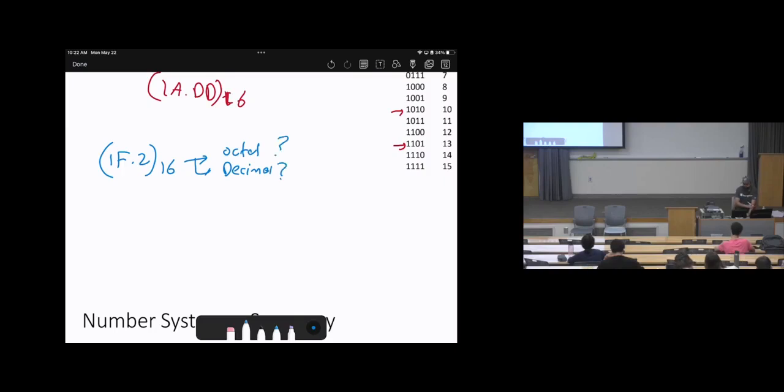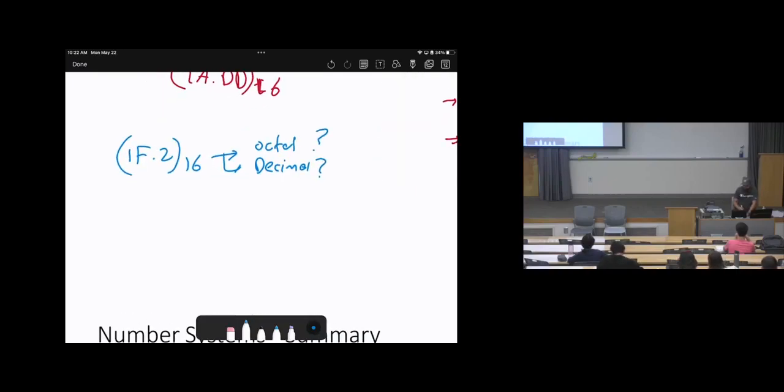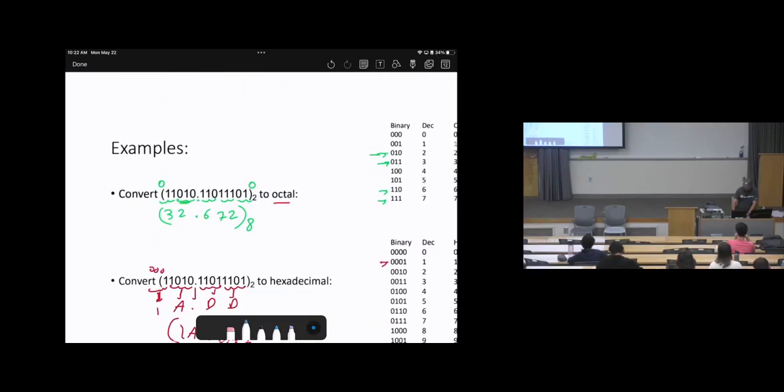How can we do it? You can convert this to decimal using the radix representation, but how about if I want to use the tables? So how can I convert this? Go back to the charts.